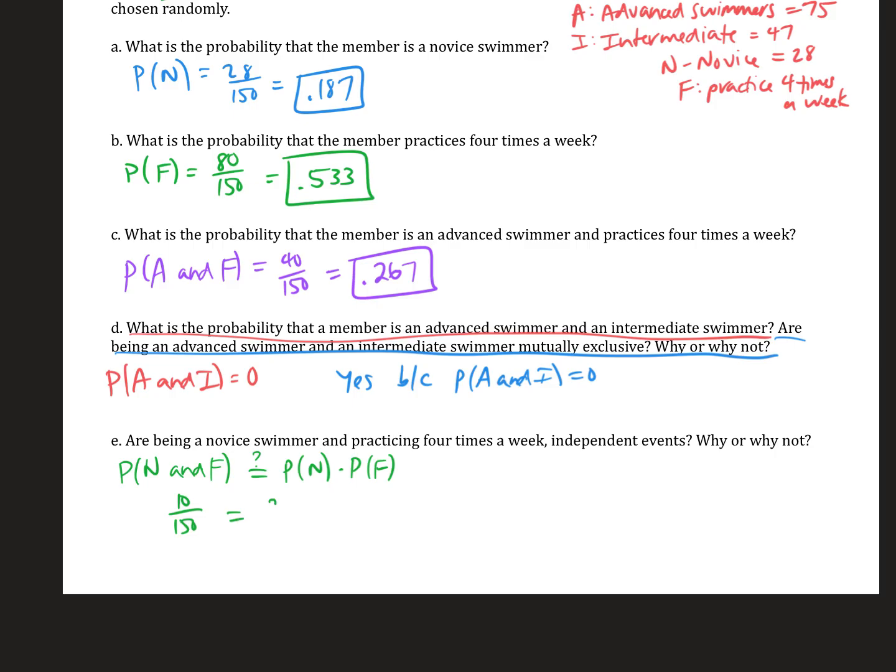Probability of N is 28 out of 150. Probability of F is 80 out of 150. And so my answer is no, because probability of N and F is not equal to probability of N times probability of F.